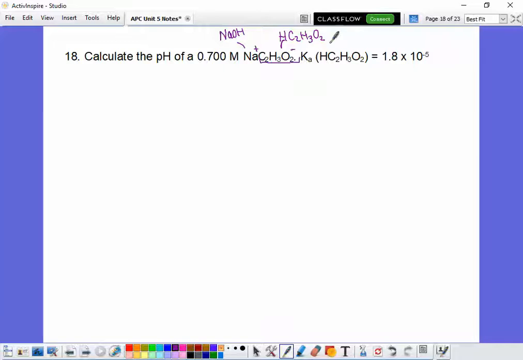So we have a strong base, weak acid. So what type of salt is this? This is a basic salt. Therefore, let's predict our pH. It should be greater than 7. So when we do our calculation, hopefully we get something larger than 7. Okay. Yes, for basic salt. If it was an acidic salt, I'd put AS.